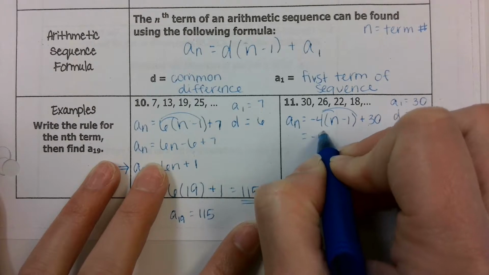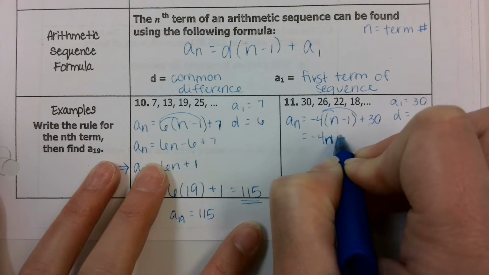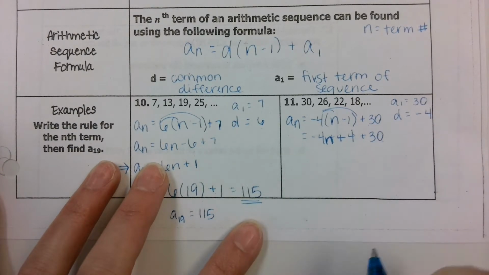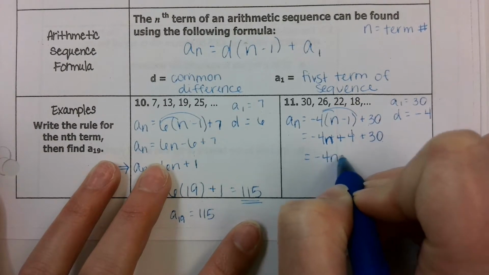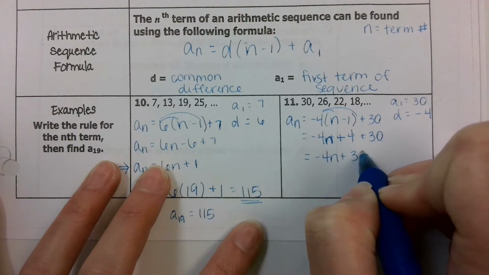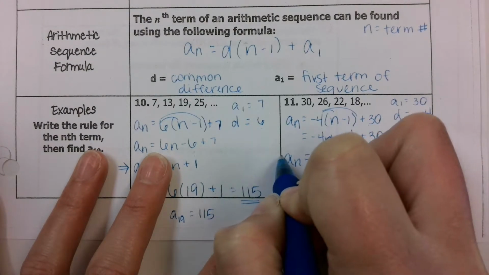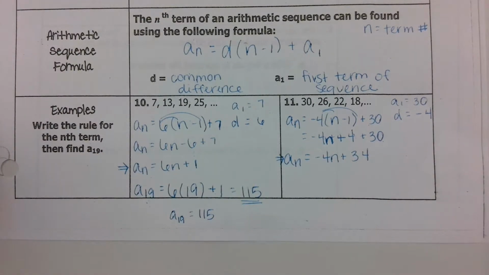So negative 4n plus 4, plus 30. Then combine your like terms. So we'll have negative 4n plus 34. So that would be like your rule for the nth term. So if you were asked to just get that, that's where we would stop. Is that okay?